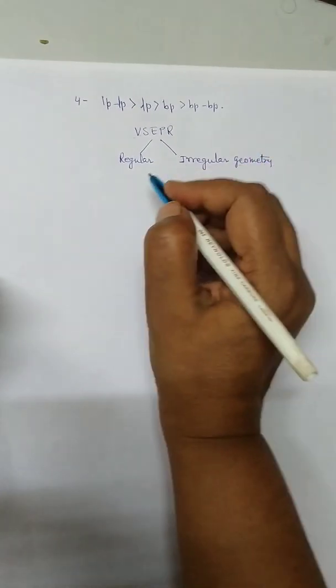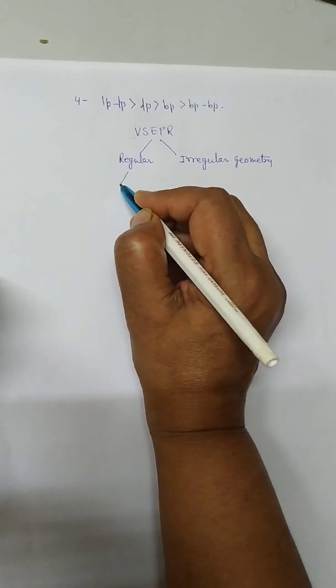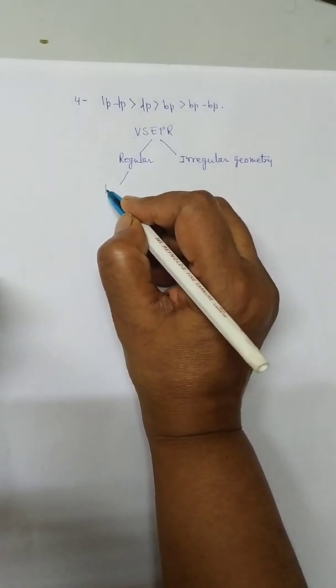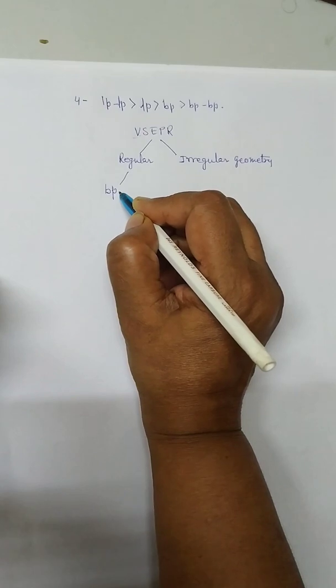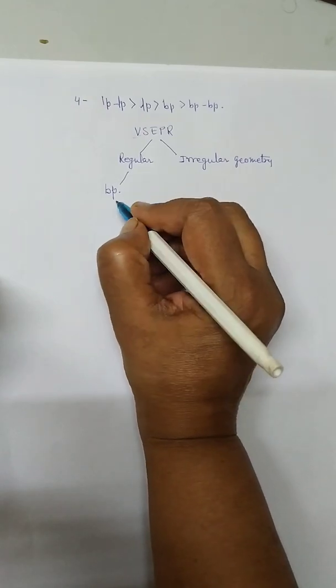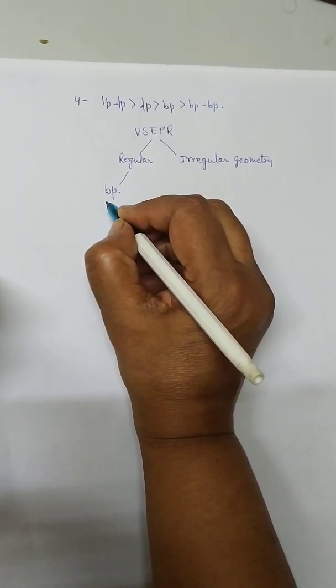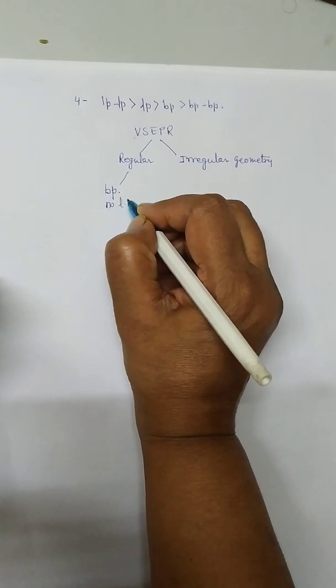The regular geometry is because only bond pairs surround the central atom, no lone pair.